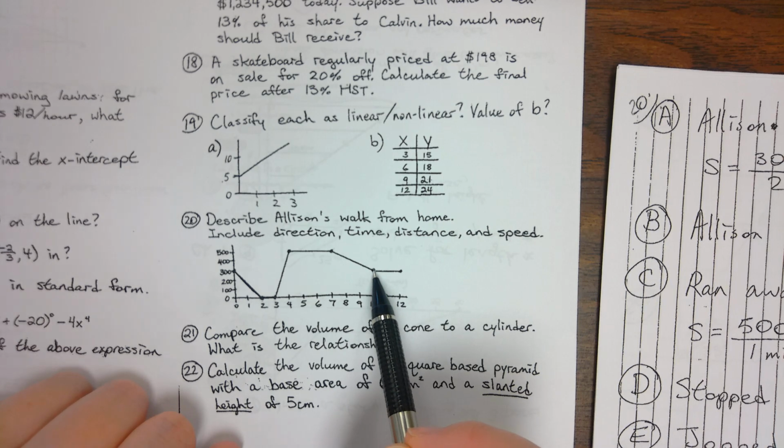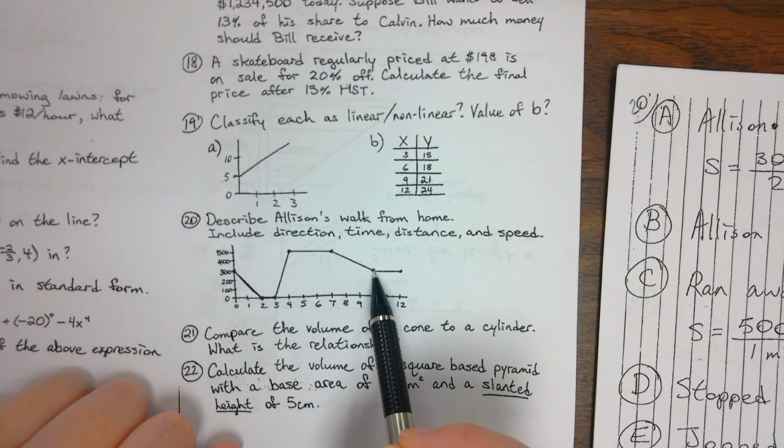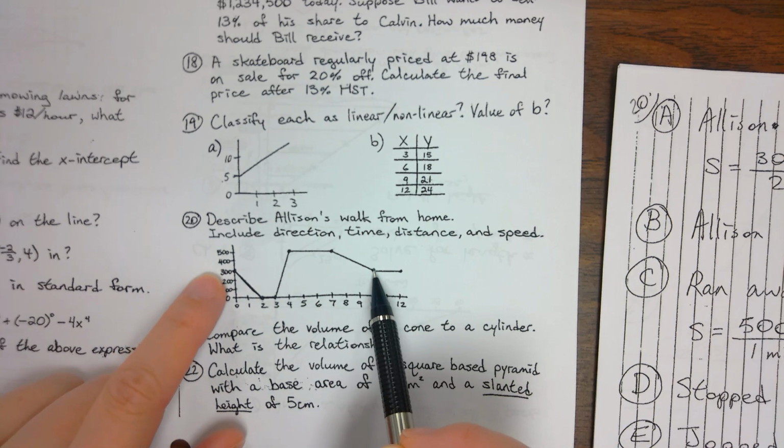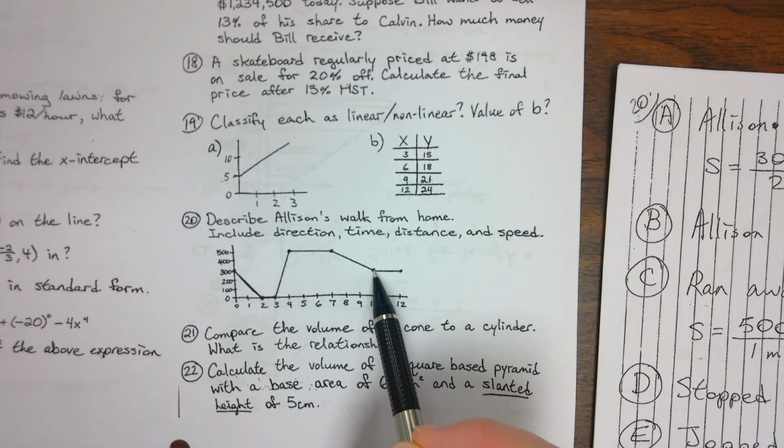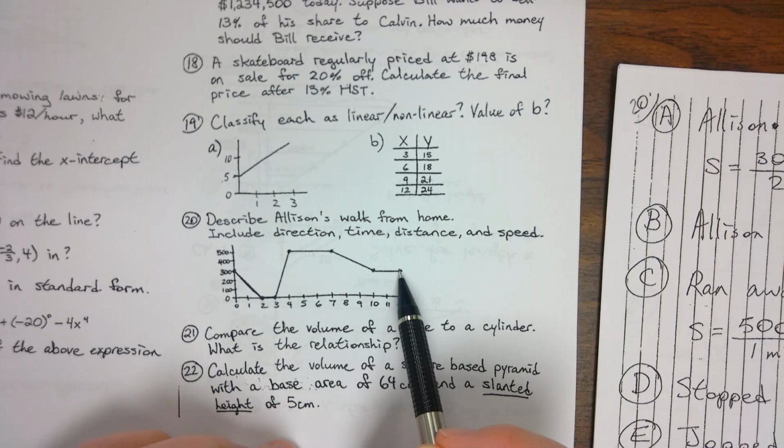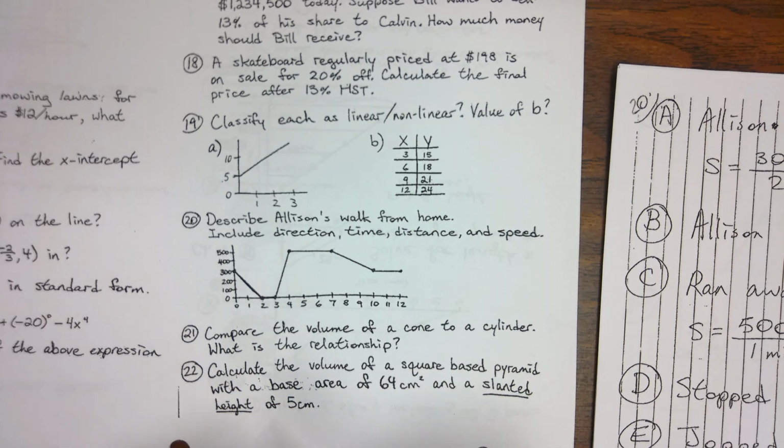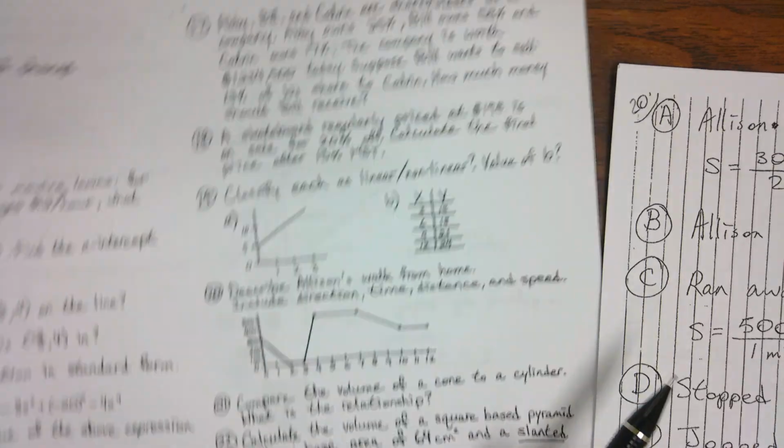And then she drove 200 meters in 3 minutes, and because she was driving so super slow, she got pulled over by the cop. She never made it to the highway. Okay. And so that was the end of Allison's story.